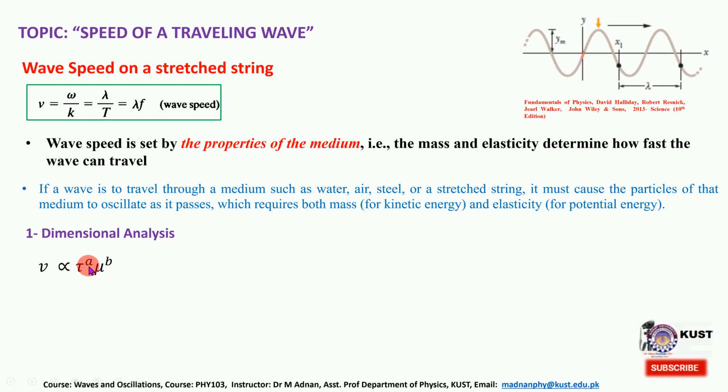So having proportionality with a and b, if one removes this sign of proportionality, there will be a constant.